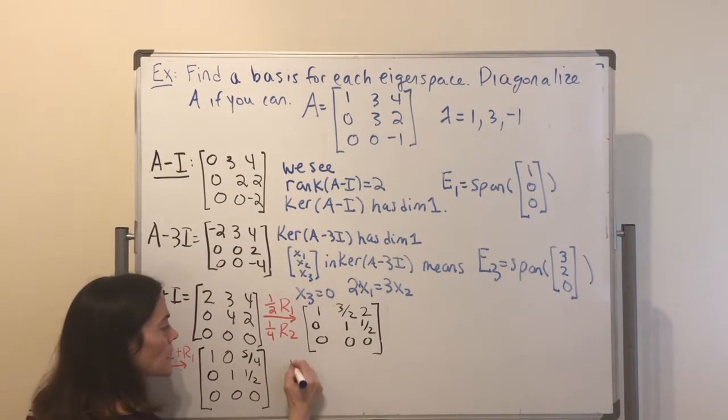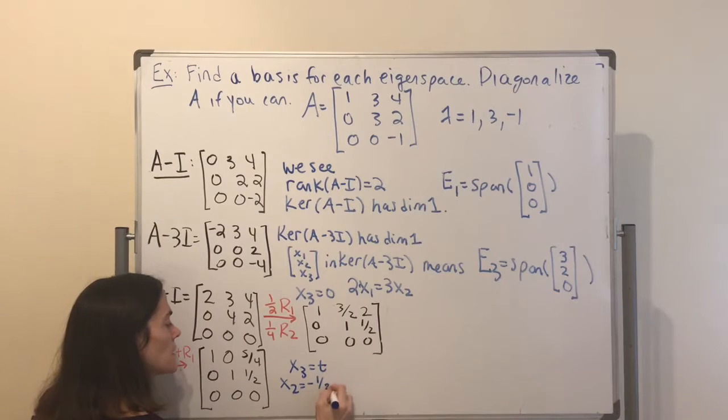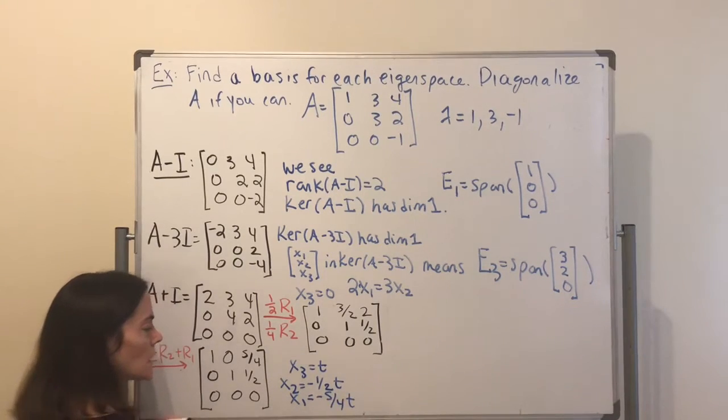If x3 is, say, t, then we get x2 is negative 1/2 t. We get x1 is negative 5/4 t.